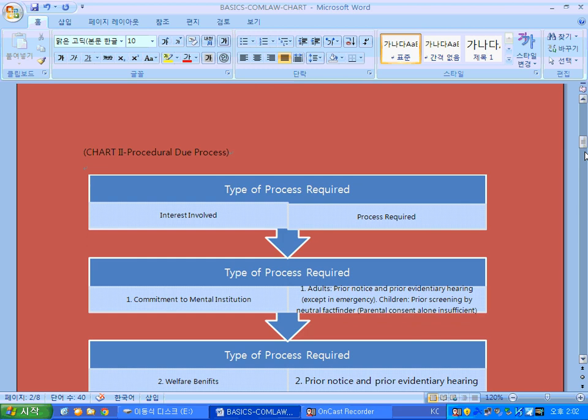And in chart 2, you can see some essence about the type of process required to satisfy the procedural due process provision.